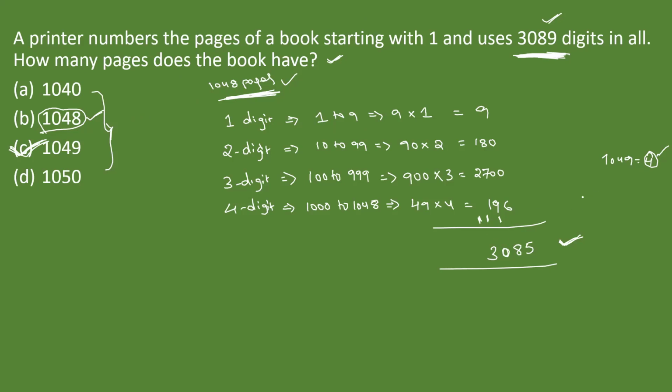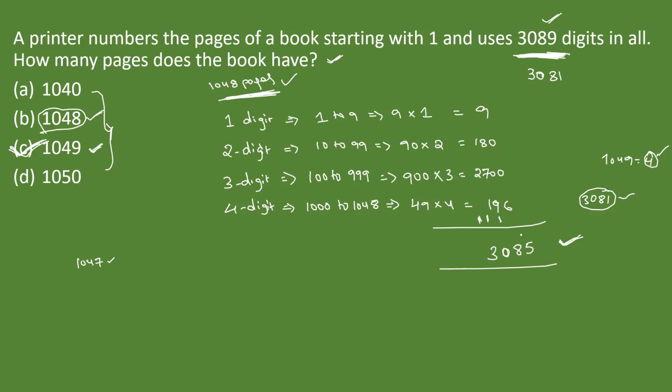For example, if the question had given 3081 instead of 3089, what would my answer be? Our answer becomes 1047. Why? Because 4 digits fewer means one page should be deducted. That becomes 1047. But actually, what is the answer we got here?